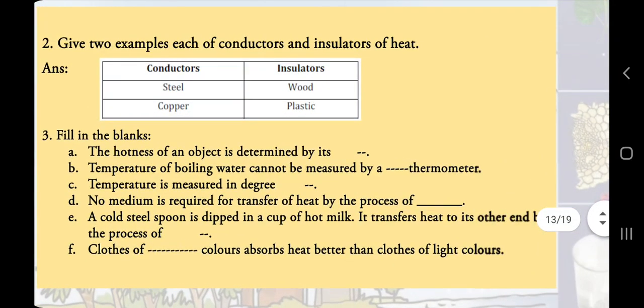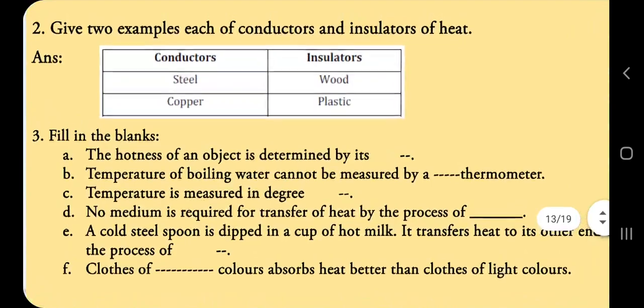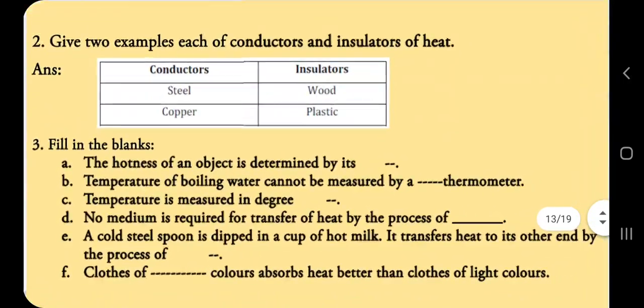In my previous lecture we solved exercise number 1, which was the similarities and differences between laboratory and clinical thermometers. Now the second question, let us review these questions quickly, because after reading the chapter we are easily able to solve the NCERT exercises.